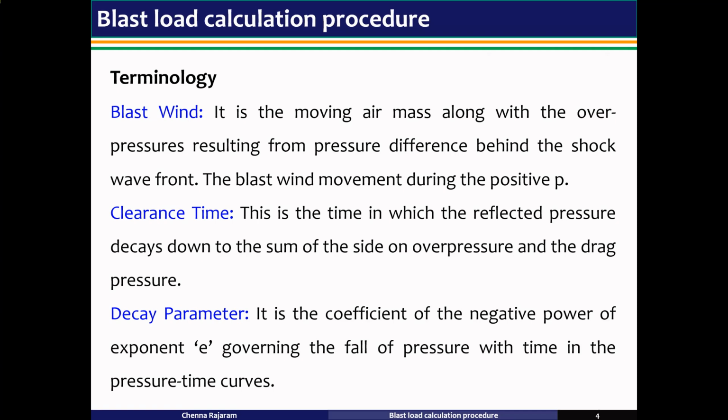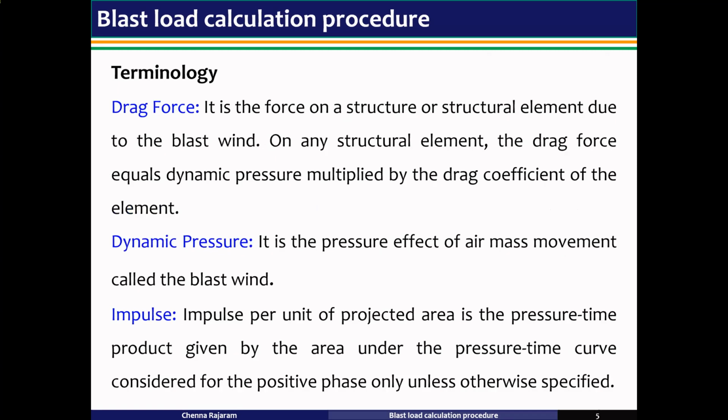Decay parameter. It is a coefficient of the negative power of exponent e governing the fall of pressure with time in the pressure-time curves. Drag force. It is a force on a structure or structural element due to the blast wind. On any structural element, the drag force equals the dynamic pressure multiplied by the drag coefficient of the element.